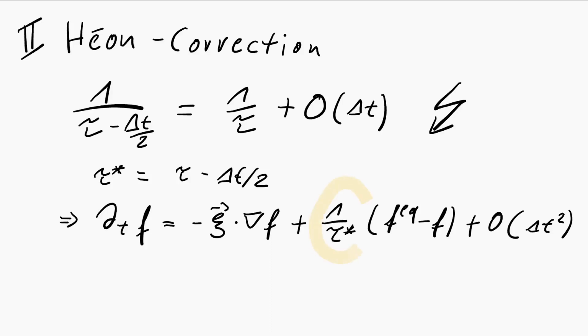And when we replace this in the Boltzmann equation, we actually have our original viscosity defining parameter here, and everything is repaired and we get to second order accuracy.